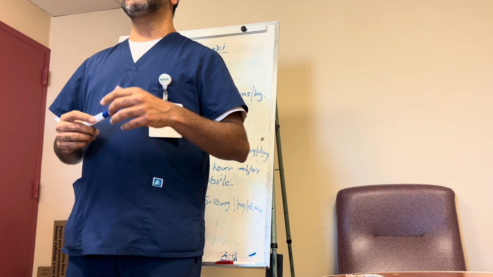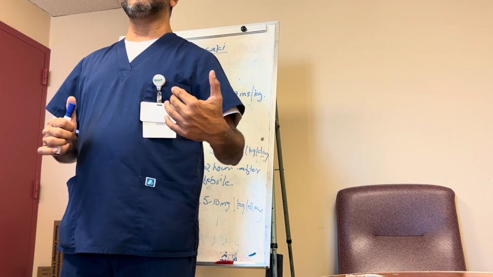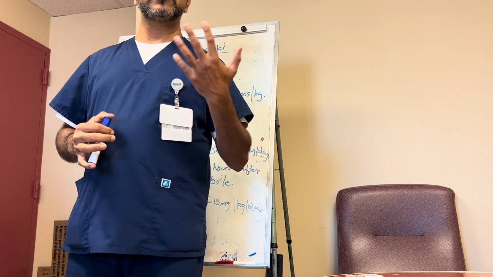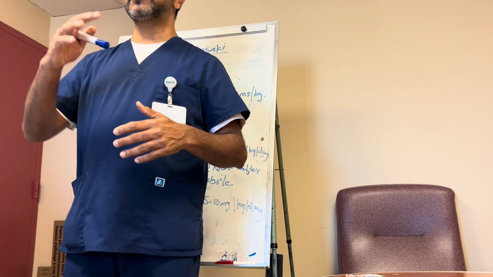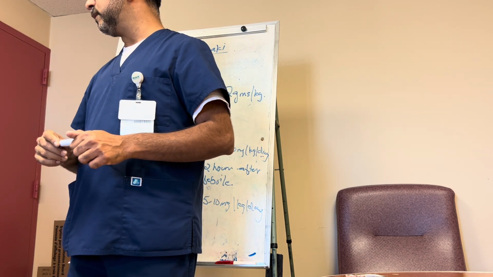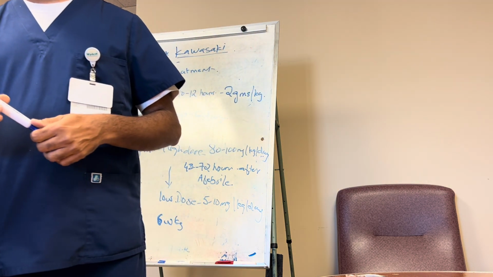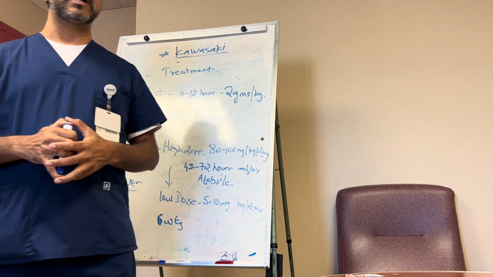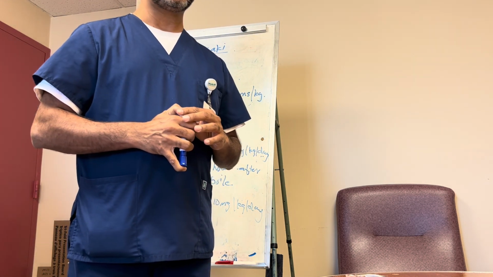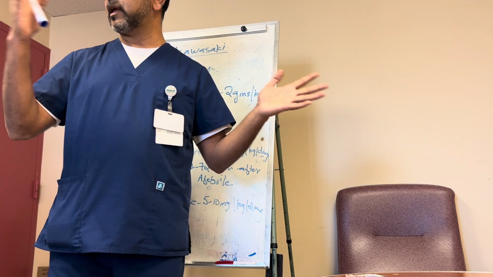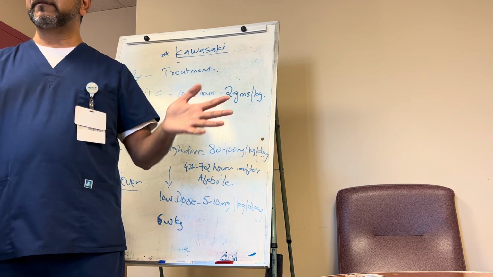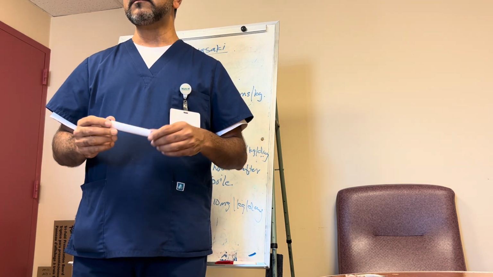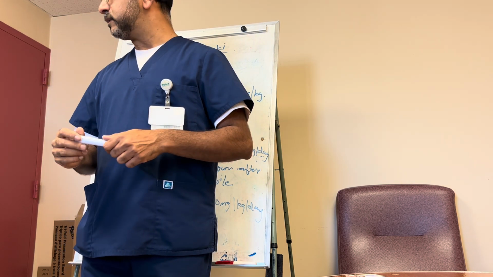An important thing is if they develop it in infancy, less than 6 months of age, they're more prone to coronary artery aneurysms. The same goes for the older age group. Even 10 or 11 year olds can develop Kawasaki, and if they do, they're more prone to coronary artery aneurysmal dilation. So anybody can be affected, but if they are affected outside this age group, you have to be more careful. Any other questions?